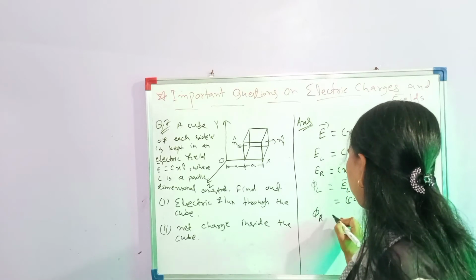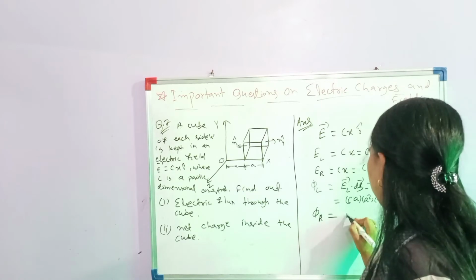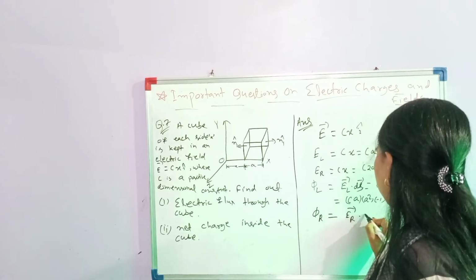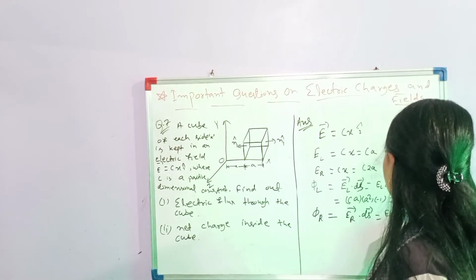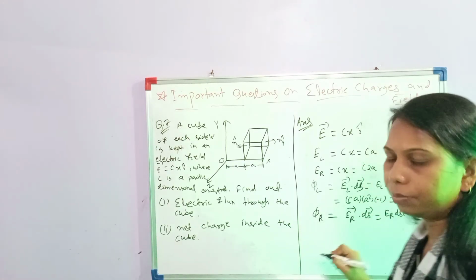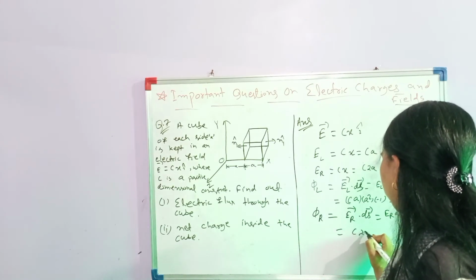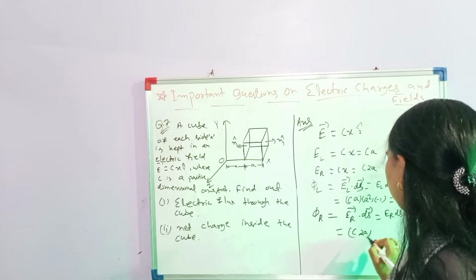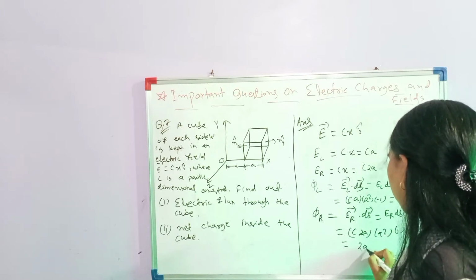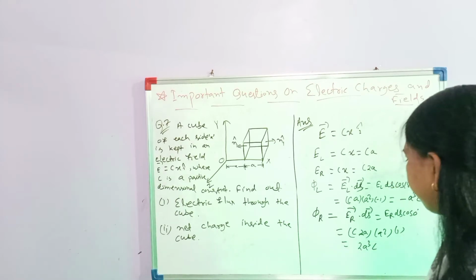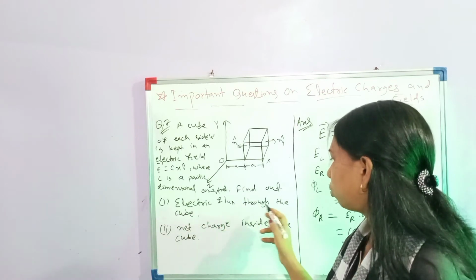Flux through the right face, phi R, equals ER dot ds, equals ER ds cos 0 degrees, equals C into 2a into a square into 1, equals 2a cube C. So the first question is the electric flux through the cube.